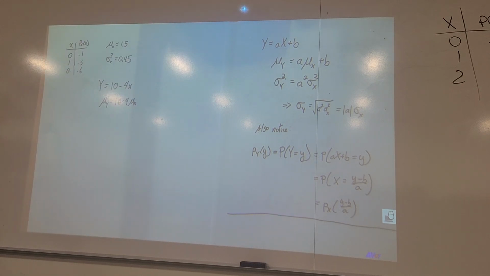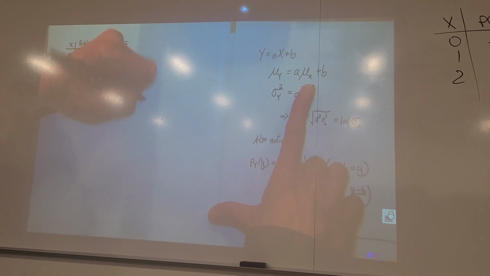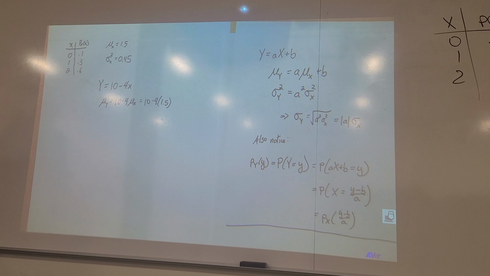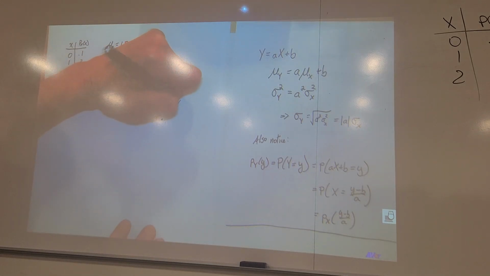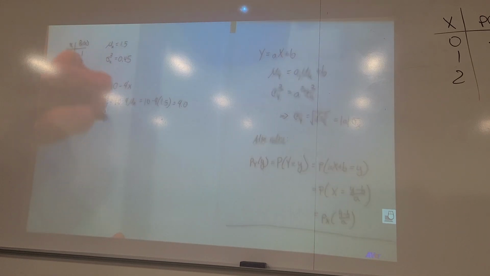Am I right about that? Right, there it is right there. Which is 10 minus 4 times 1.5, which is 6, which looks to me like about a 4.0. Does that look about right? Did I do that right? Okay. And the variance of y, what would the variance of y be?